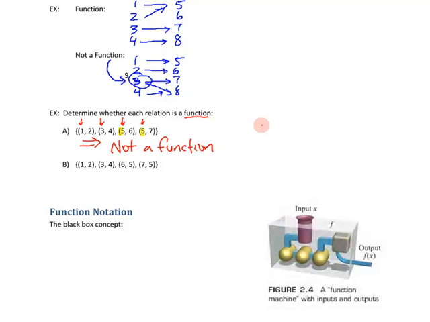You can't have the same input for different outputs. Okay? What about in this one? What about 1, 2, 3, 4, 6, 5, and 7, 5? Well, even though I see a 5 here and a 5 here, it doesn't violate the condition of being a function because you have 1, 3, 6, and 7. 4 different inputs, each giving one output. Means that that is a function.